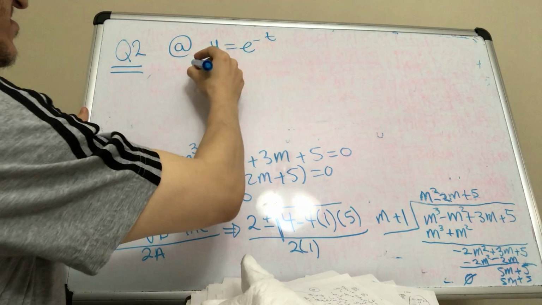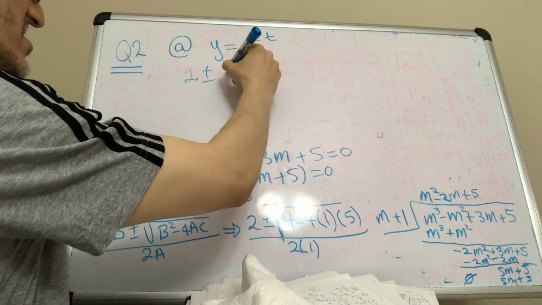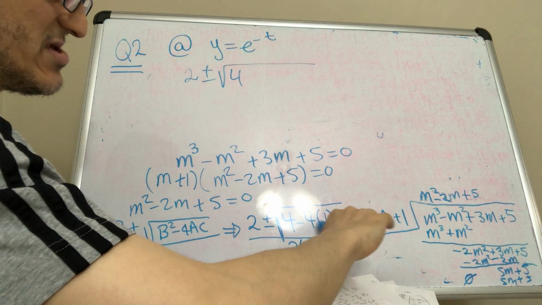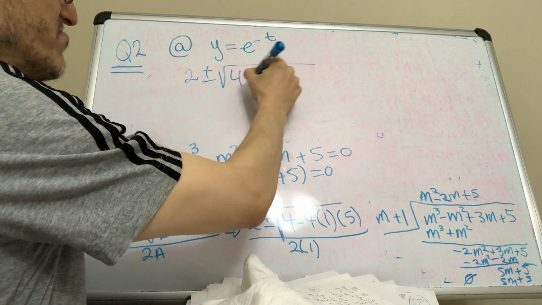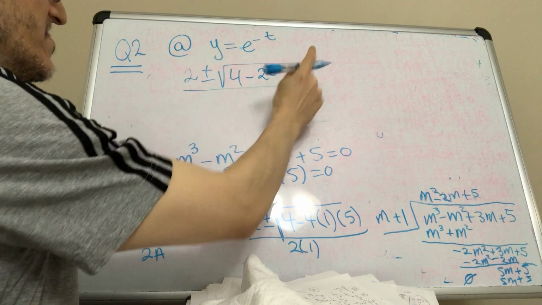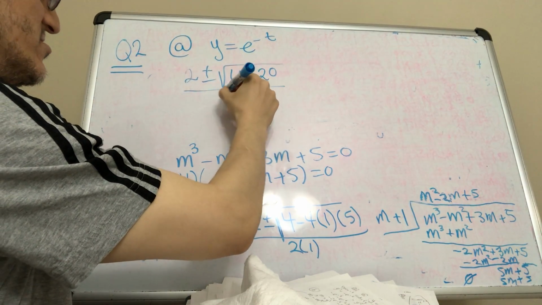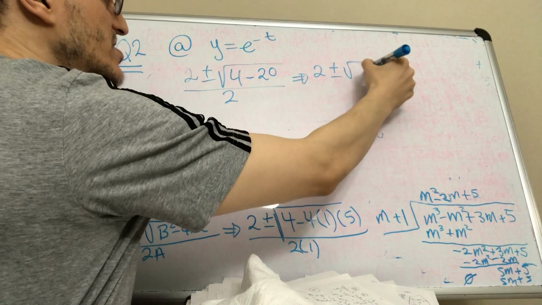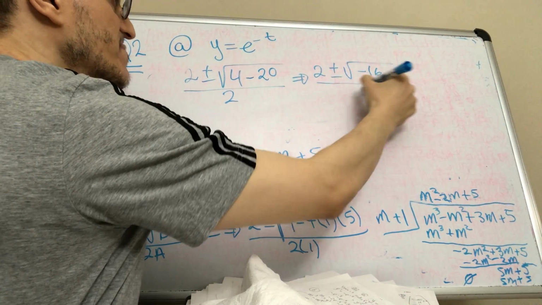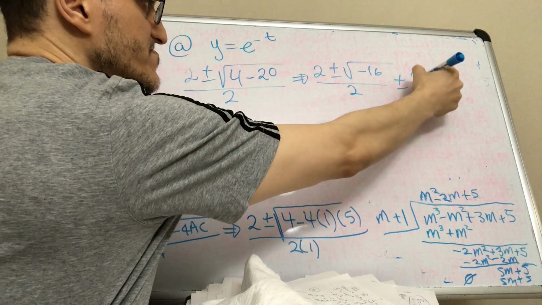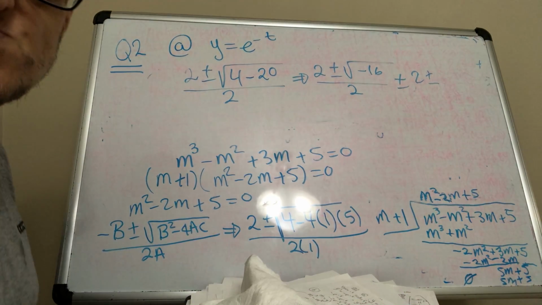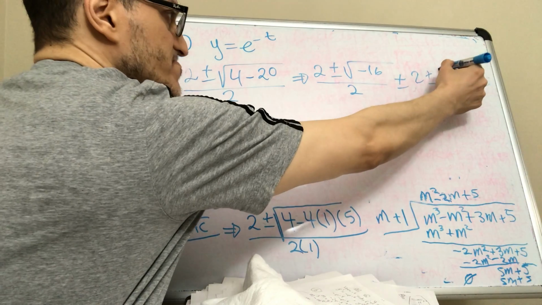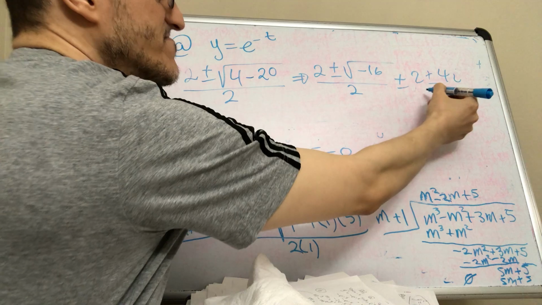So we continue with this. This is 2 plus or minus square root of 4, minus 4 times 1 times 5, which would be minus 20, over 2. This is 2 plus or minus square root of minus 16 over 2. Square root of 16 is 4, but since it's minus 16, it becomes 4i.